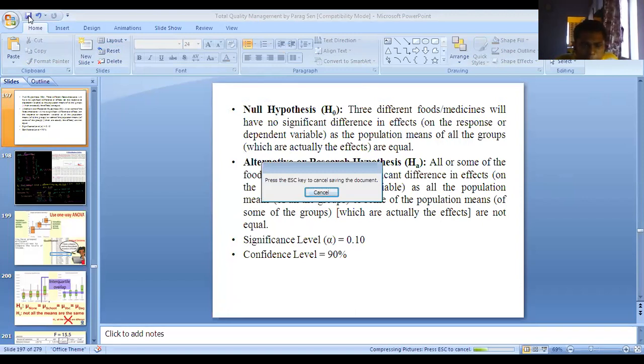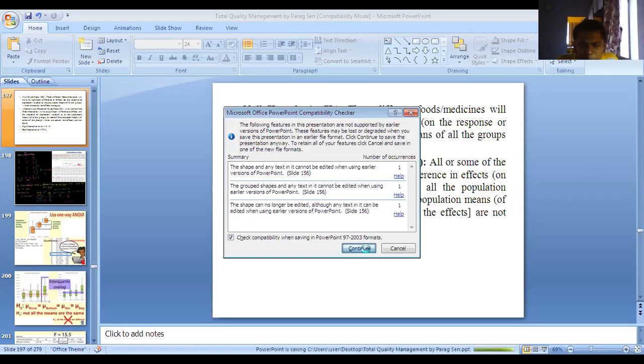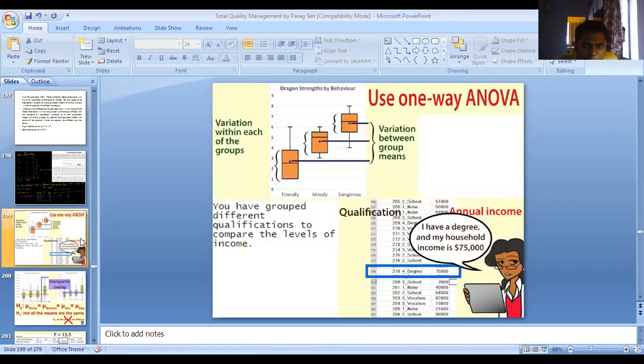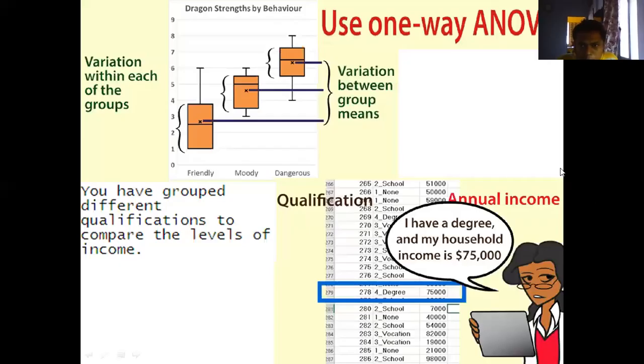And now we are going to discuss another case study or another example, that is this example. This is the example. So here you can see that this is also one-way ANOVA.